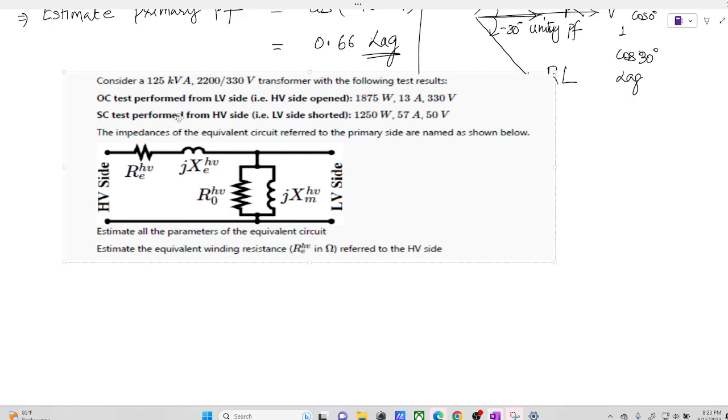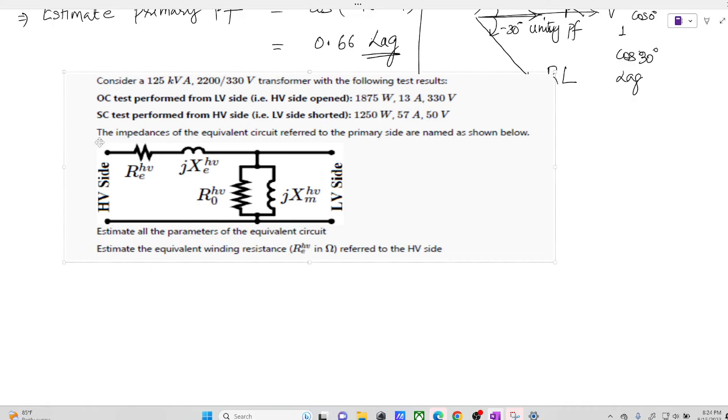Now the short circuit test is performed under these conditions. The open circuit test will give you the core loss, and the short circuit test will give you the copper loss. It is performed at 50 volt, 57 ampere short circuit current.